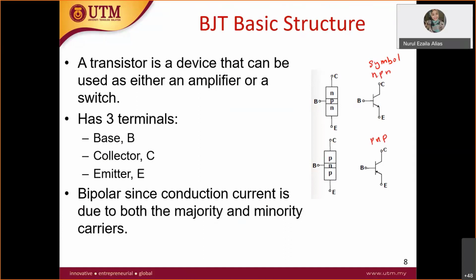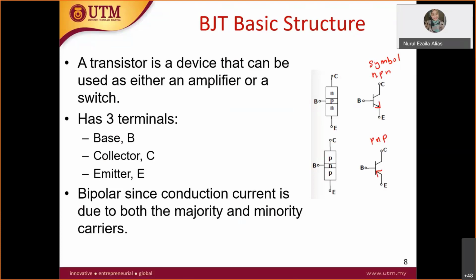What makes these two, NPN and PNP, different is the arrow of current. It has three terminals: collector, base, and emitter. When it has three terminals, it has three currents. That's why I said BJT is more complicated.